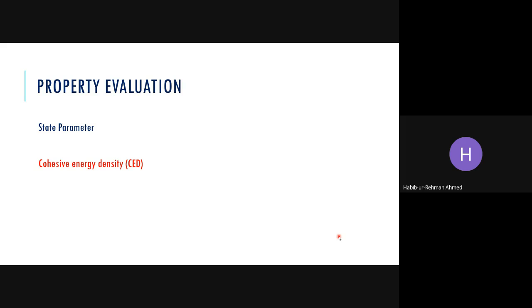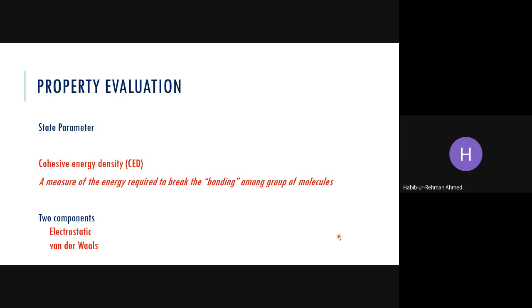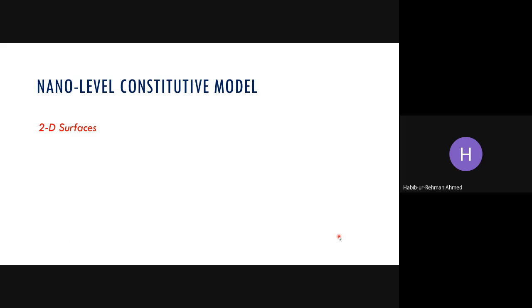So you just measure these basic parameters of the soil structure and plug them into the constitutive relations which we developed, and there will be a cohesive energy density parameter that comes out of it. And this CED has a relationship with all other properties like the volume change, the stress strain behavior, etc. This is what I'm going to show you. We determined the two components of CED, electrostatic and van der Waals. So this is how a realistic or universal type of modeling can be done.